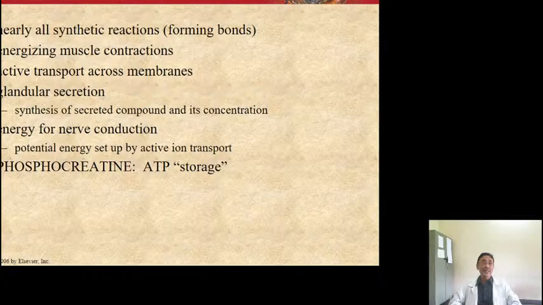That is why it is called the currency of the cell. As long as ATP is there, breaking down of ATP generates high phosphate energy, and some energy is released and utilized for the cellular activity.